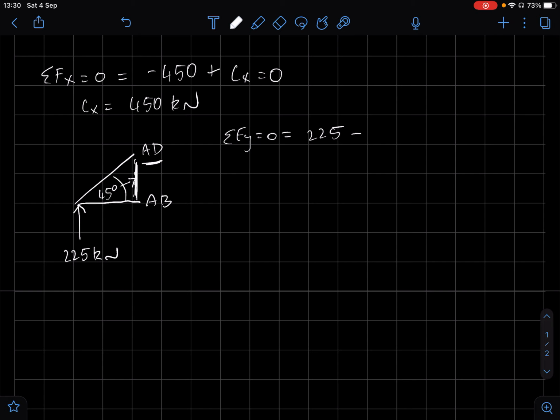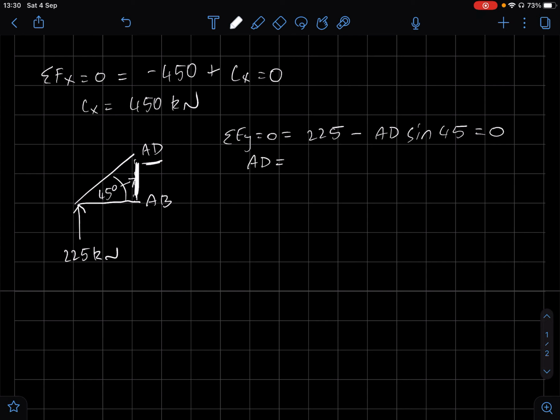So the opposite, which is this y value here that we want of AD over the hypotenuse, which is AD itself. So that's going to be AD sine 45 equals 0. There's no other vertical components of any members in this free body diagram. So we can just solve for AD.